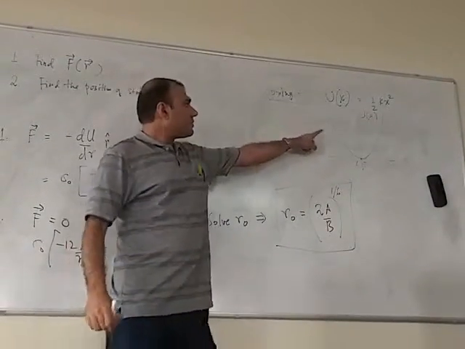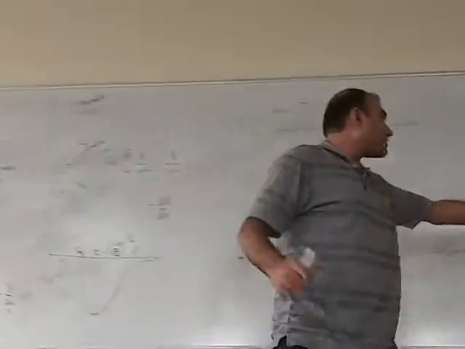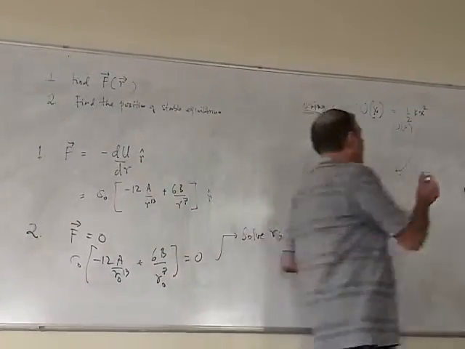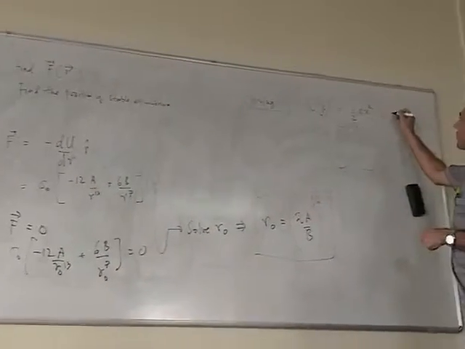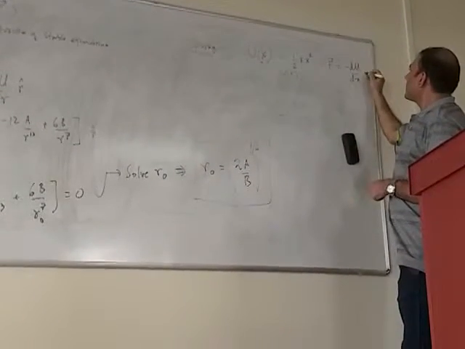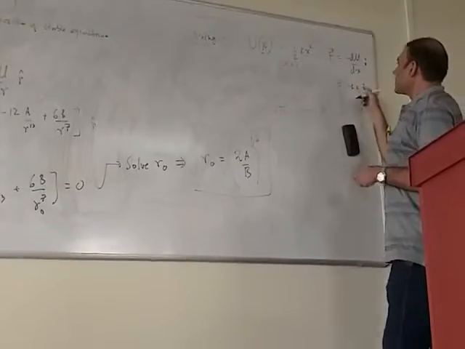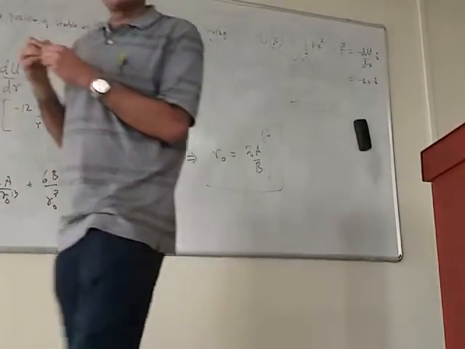Now for x less than 0, that is in this half, you find out force is what? Minus dU/dx? Right. So it's minus kx. So this is the minus kx that you see in Hooke's law.